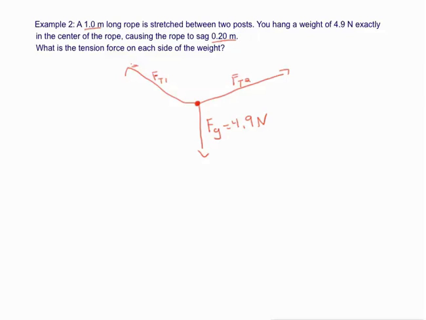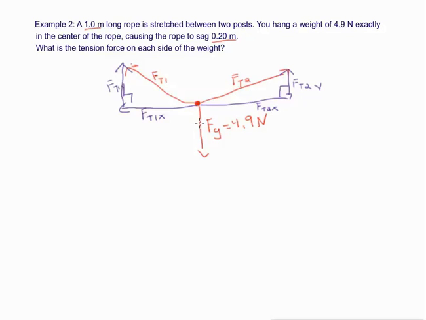We can still break our tension force into X and Y. We have Ft2X and Ft2Y, Ft1X and Ft1Y, but you can see we don't have an angle.